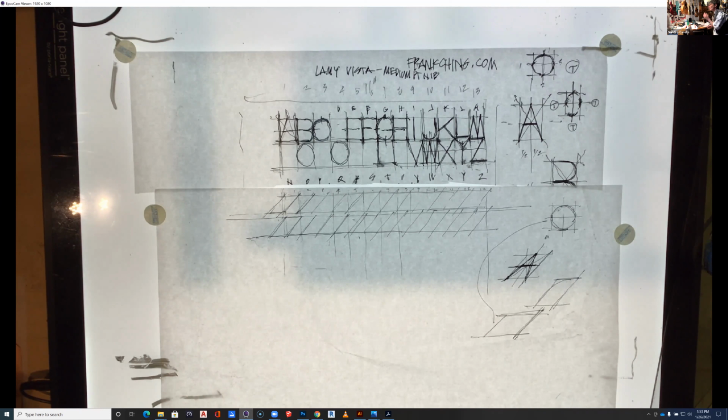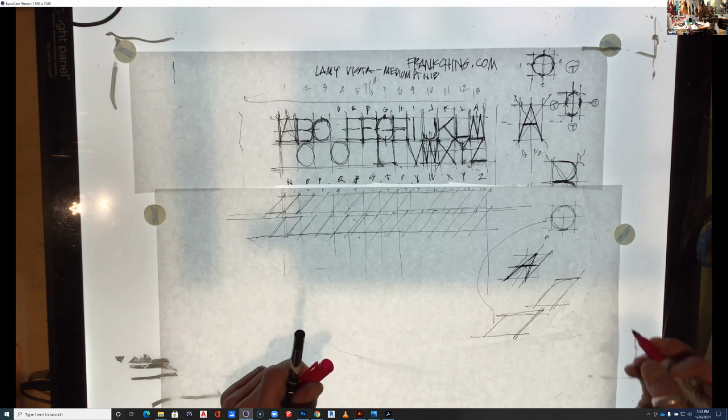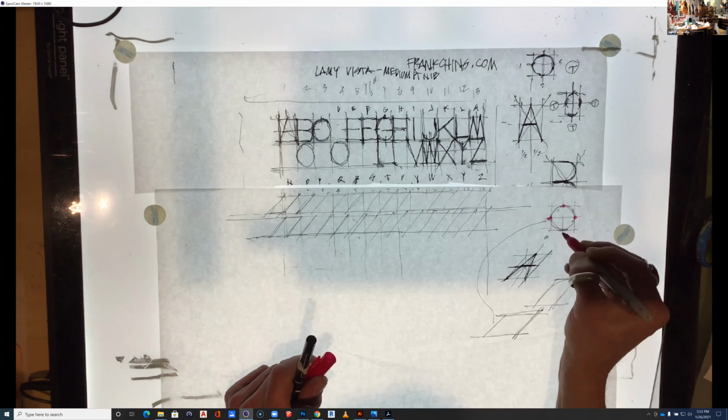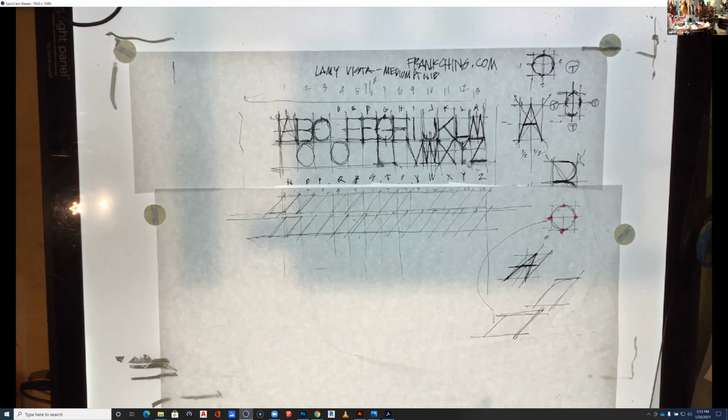The way to solve the problem is to understand the points of inflection, the points of tangency. Those are the points where the curve is tangent.